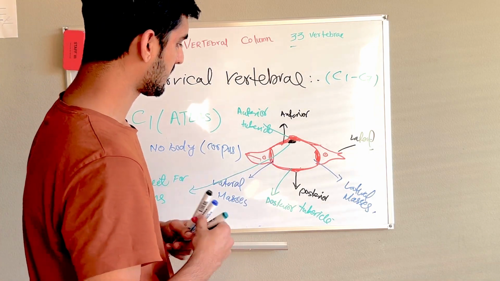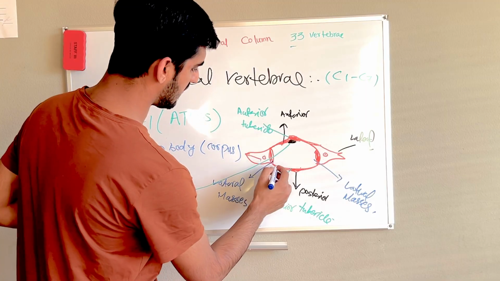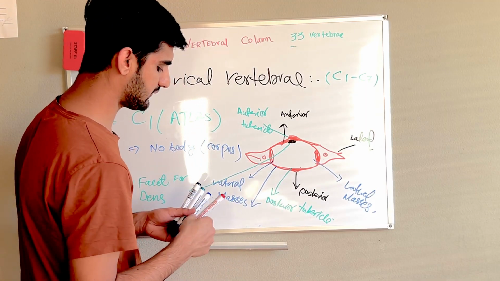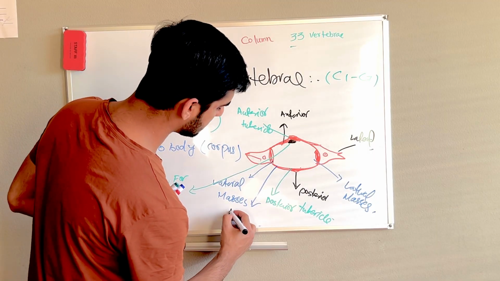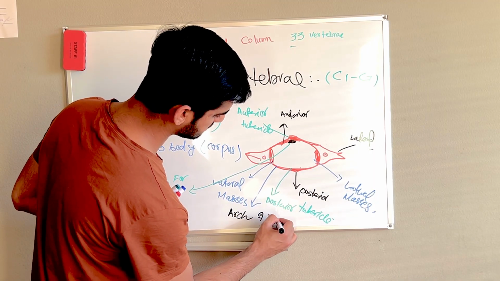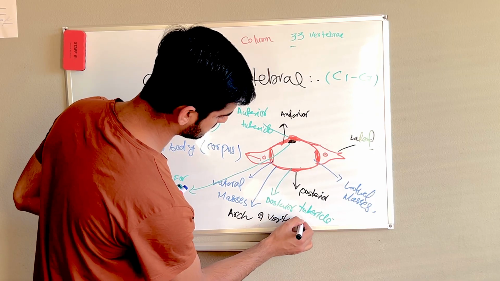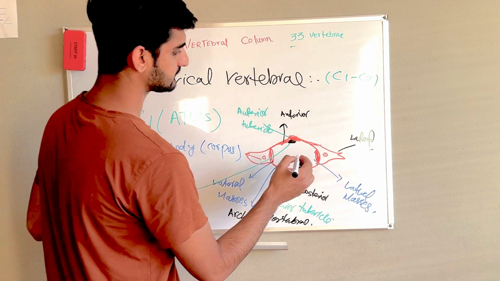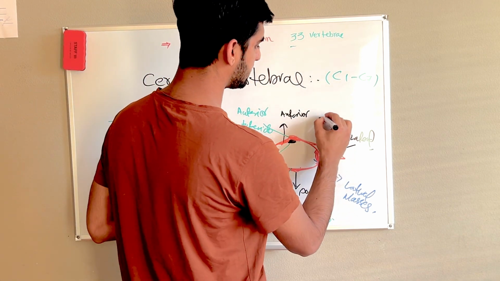This is the arcus of the vertebra, arcus in Latin, the arch of the vertebra. Here we have the transverse foramina.